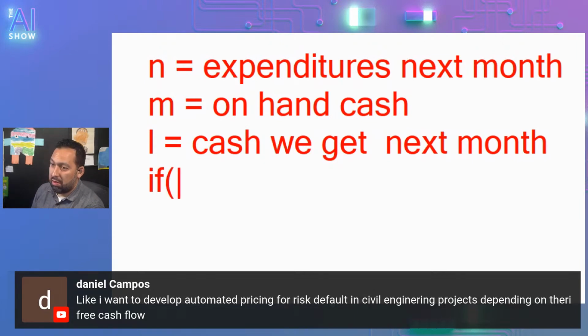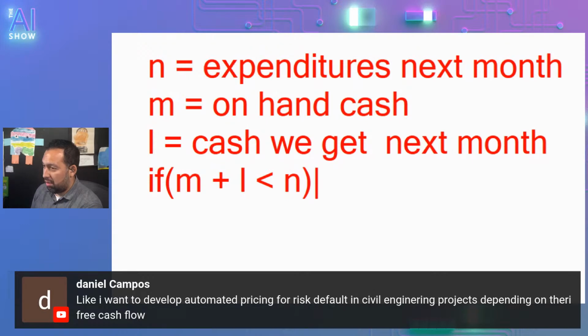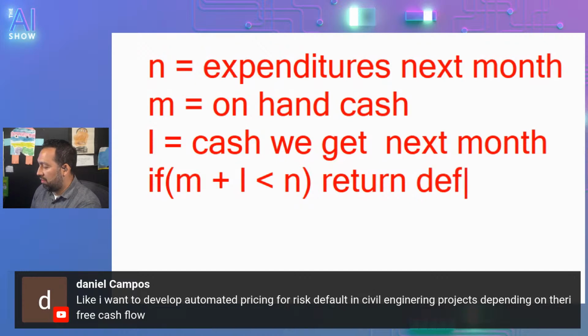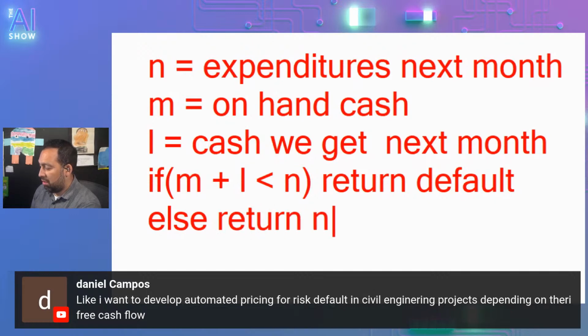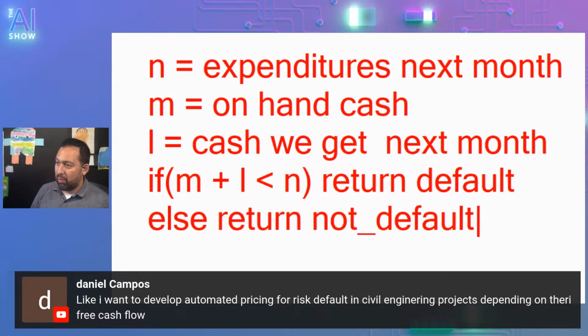If M plus L less than N, return default, else return none. Done. We did it. I don't know. Would that work?